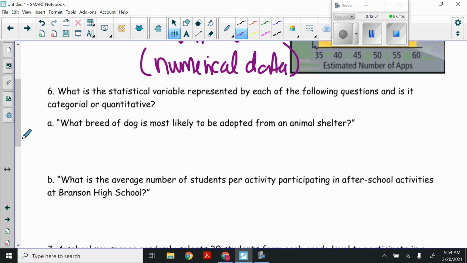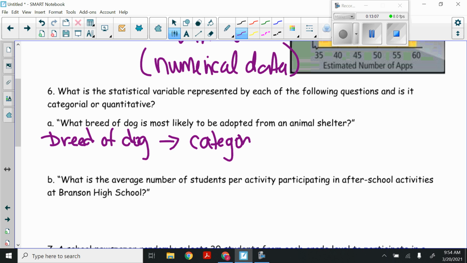So we're going to have categories. So first it said, what is the variable? So the variable is the breed of dog. And then what type is it? It's going to be categorical because it falls into a category.